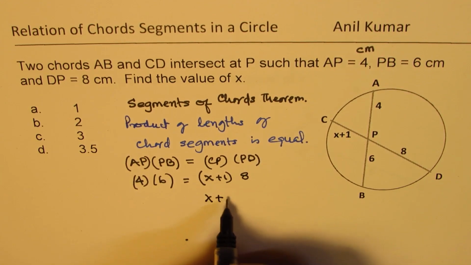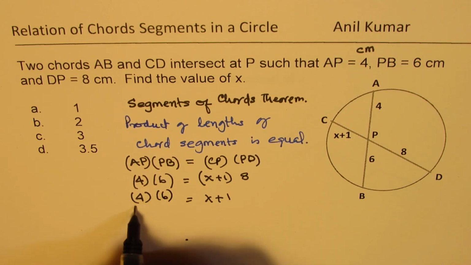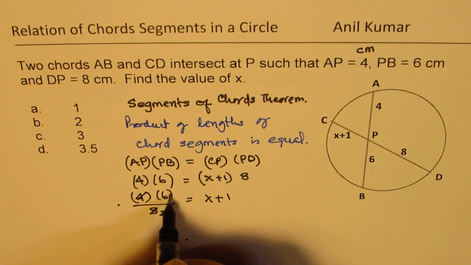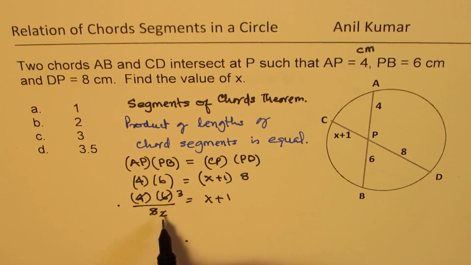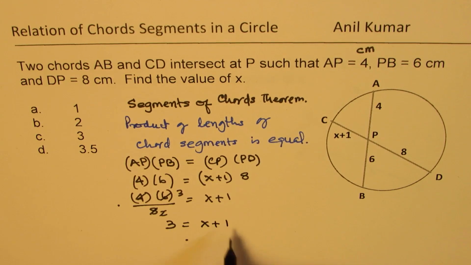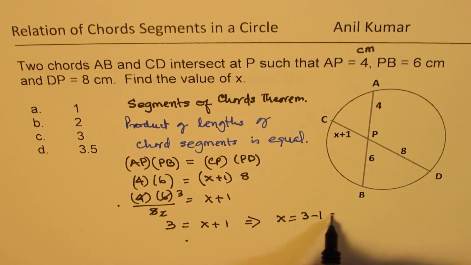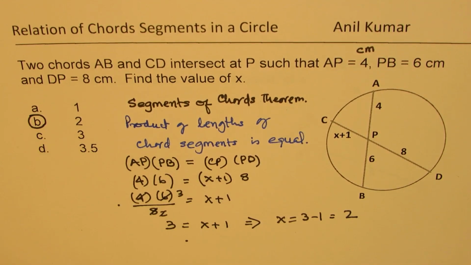So X plus 1 is equal to 4 times 6 divided by 8, which gives you, that goes 2 times and that goes 3 times, right? So we have 3 equals X plus 1, and that tells you that X is equal to 3 minus 1, which is 2, right? So the answer B is the right option.